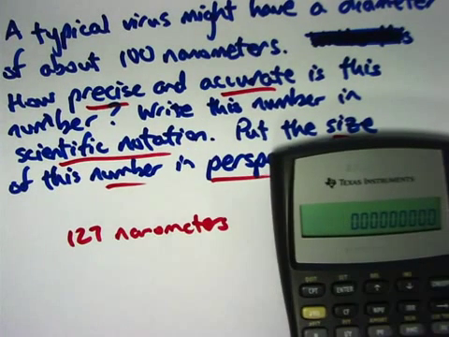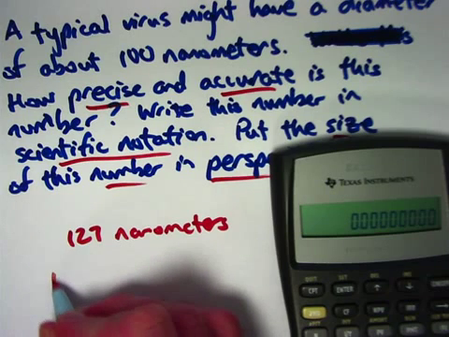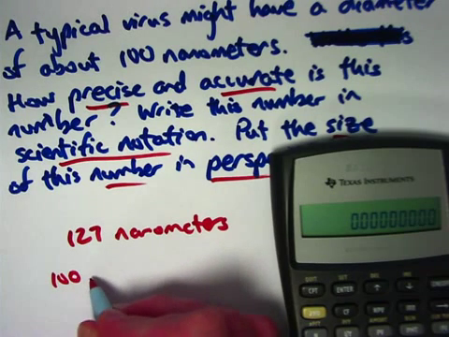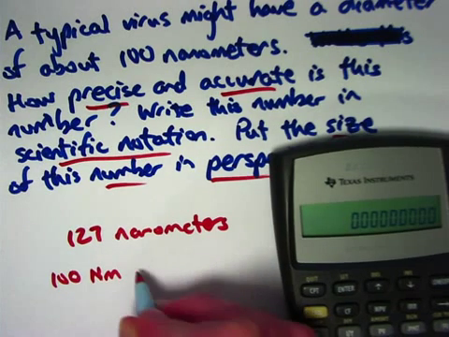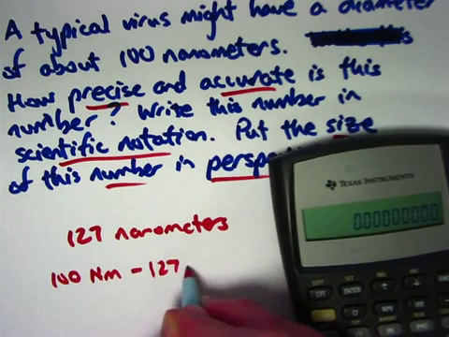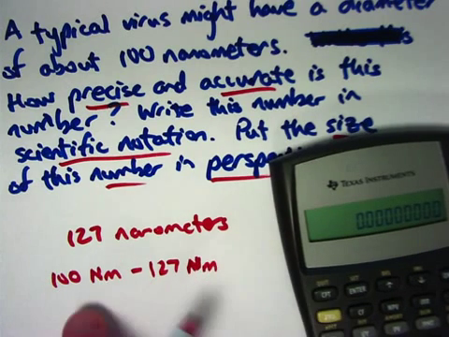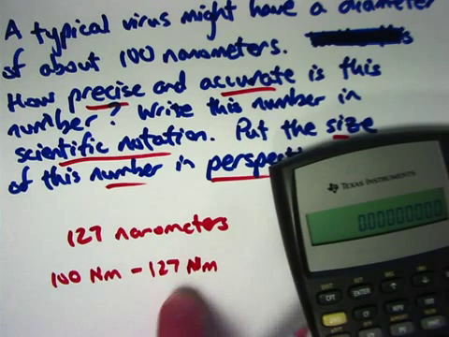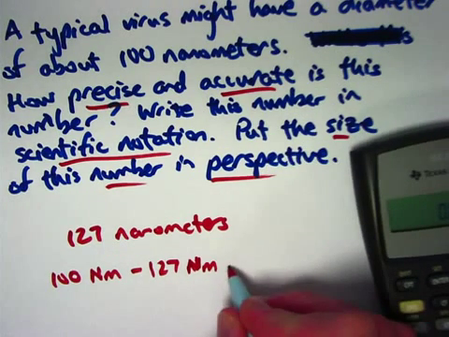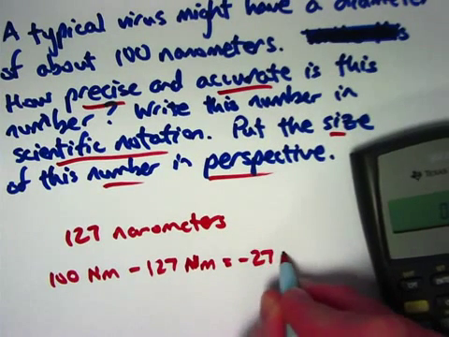So if we imagine that as being the true value, then the accuracy in absolute terms would be 100 nanometers, and you can abbreviate nanometers this way, minus 127 nanometers, the measured value, or the estimate, minus the true value, which is negative 27 nanometers.